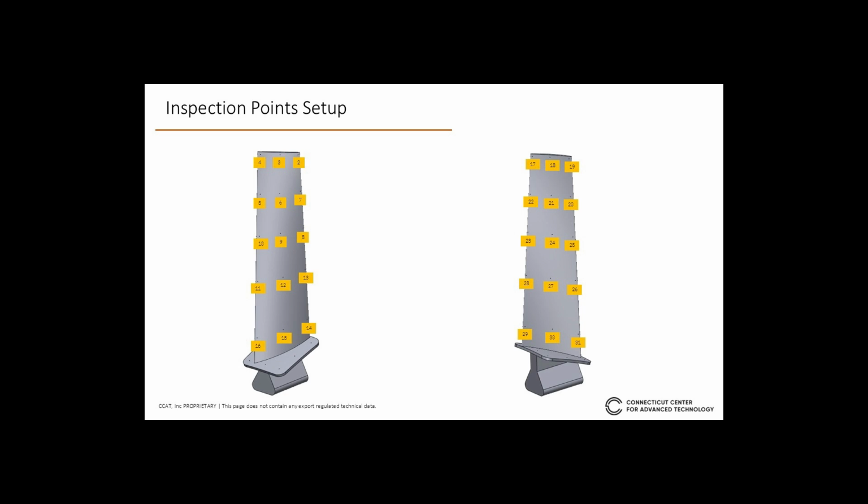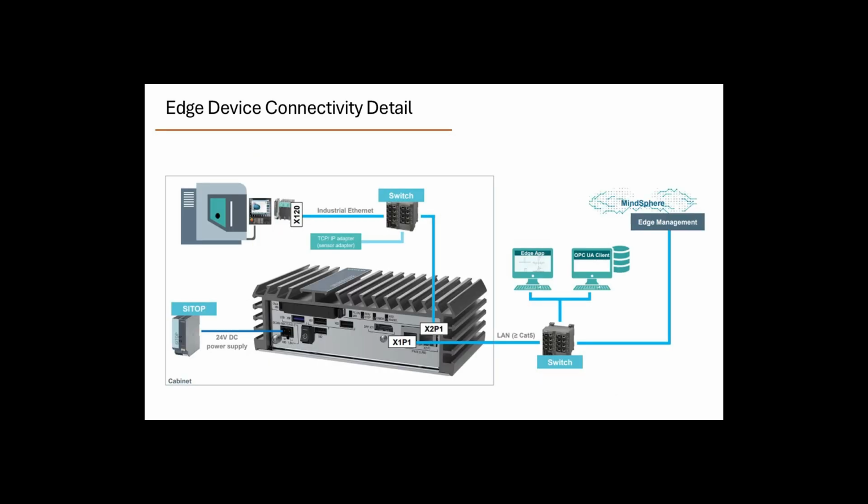For this experiment, I'm showing a picture here of a 227E Siemens Edge device, but we used a 427E Siemens Edge device. This is the Siemens product. It connects to the Sinumerik ONE control that is on the TRAK machine tool through the X2 port that you see there on the Edge device, and the X1 port on the Edge device.